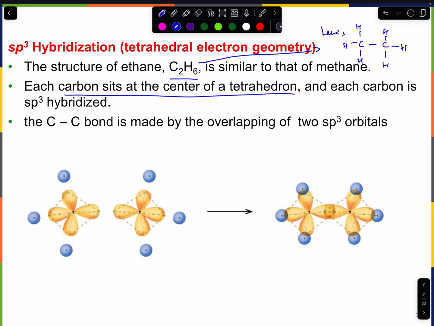That means that each one of these carbon atoms is going to have sp3 hybridization. It's going to have sp3 hybridized orbitals. The carbon-carbon bond is made by the overlapping of 2 sp3 orbitals. So here, for this single covalent bond, we have the sp3 overlapping.